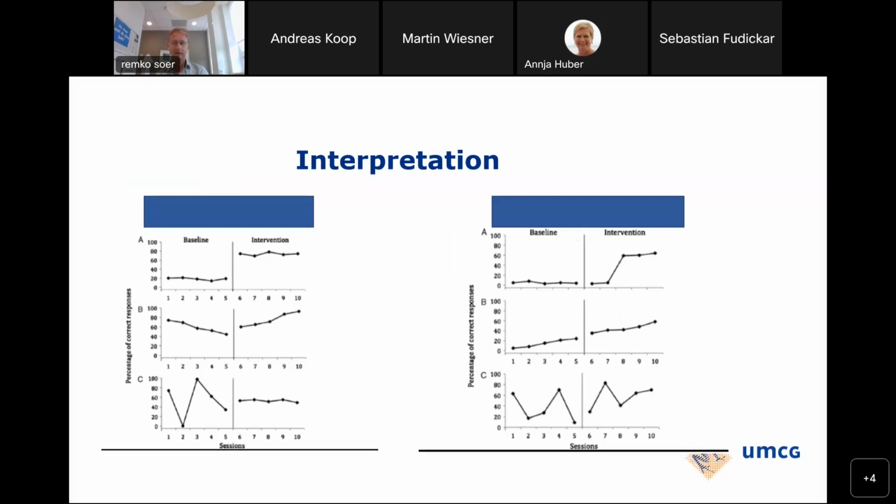Who had a question mark? I had a question mark. I could start and then the others could join, because in the baseline you have a lot more fluctuation, and it's depending whether fluctuation is better than stability. You don't know whether it is.